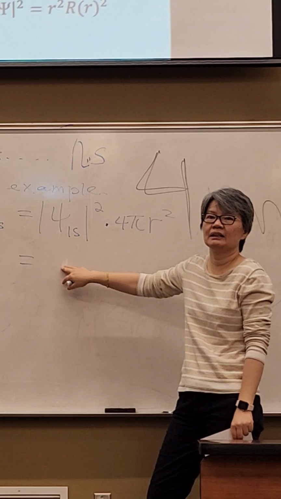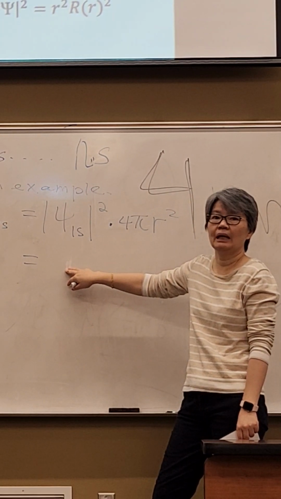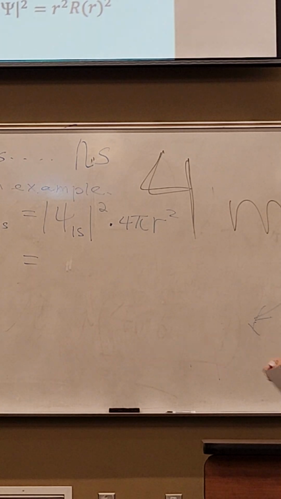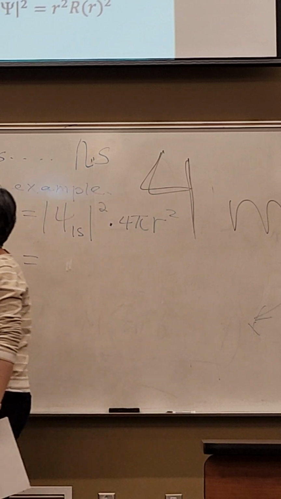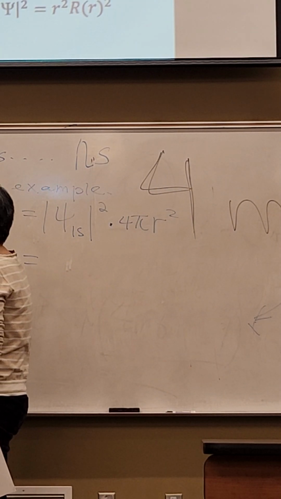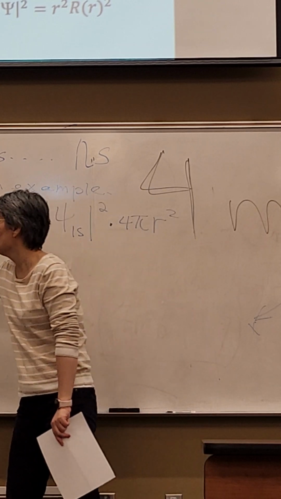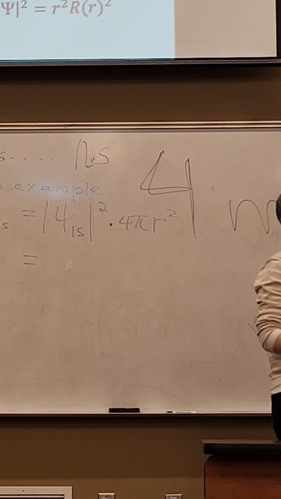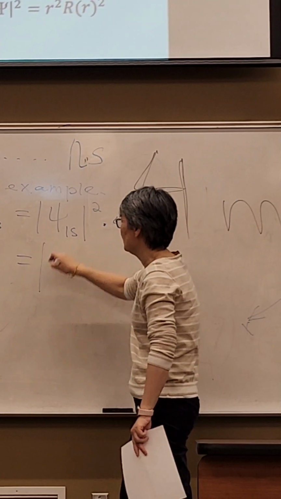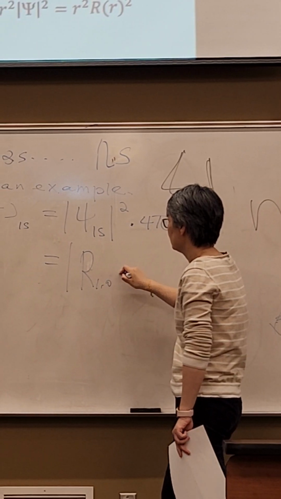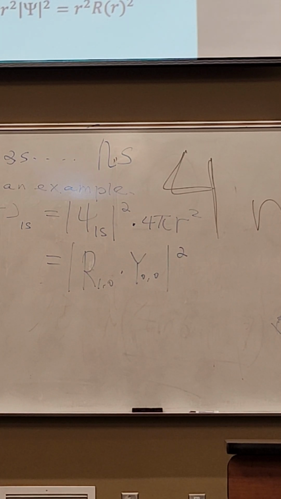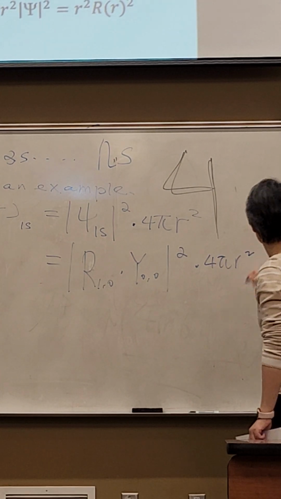Do the notation, guys. The angular component for the 1s orbital. 1s means the quantum numbers are 1, 0, 0, right? So that's your n, l, and m sub l. That's what we do, separation of variables. So you're going to have the radial component, and then you times the 4 pi r squared.